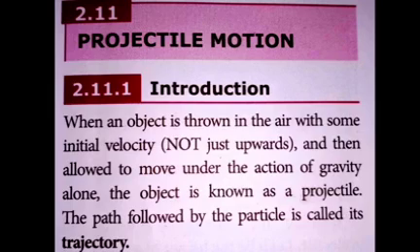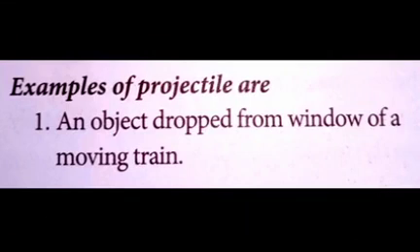That means the object will fall on the ground, and this is known as a projectile, and the path taken by the object to reach the ground is known as the trajectory. That is, in which direction the object reaches the ground, whether it may be a parabola or a semi-parabola, that is known as the trajectory.